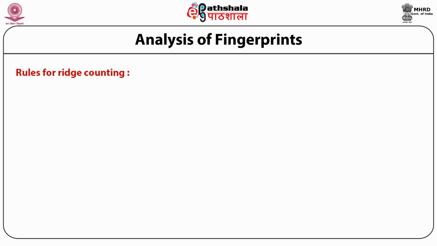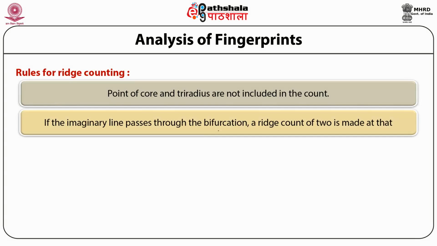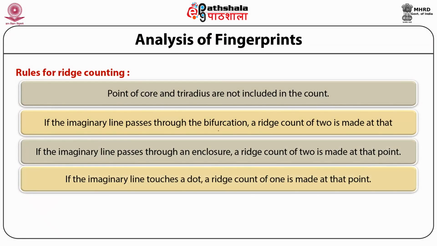There are different rules for the counting of ridges. The first rule is point of core and tri-radius are not included in the count. If the imaginary line passes through the bifurcation, a ridge count of 2 is made at that point. If the imaginary line passes through an enclosure, a ridge count of 2 is made at that point, and if the imaginary line touches a dot, a ridge count of 1 is made at that point.